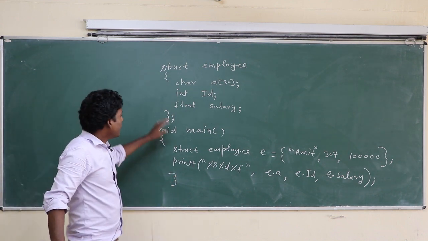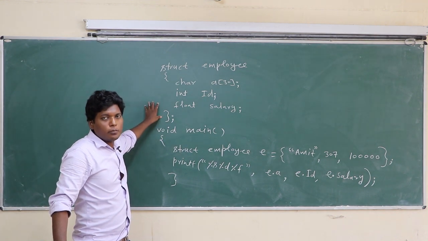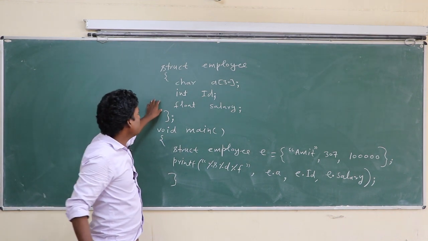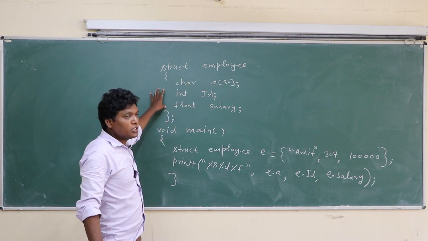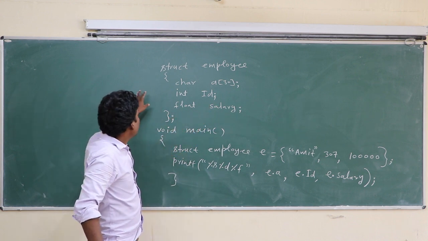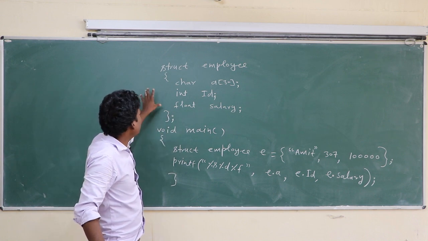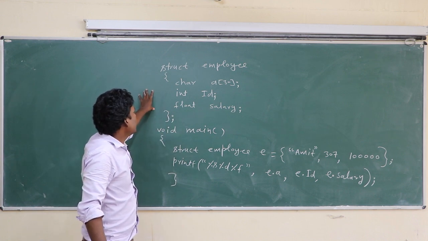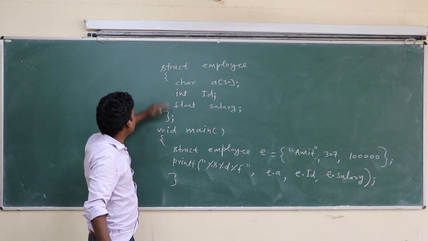Class, here we declare the structure above the main, before the main. That's why it becomes global and it is visible for any function. It is visible for all functions in the program, because we define the new data type, the structure data type, before the main.